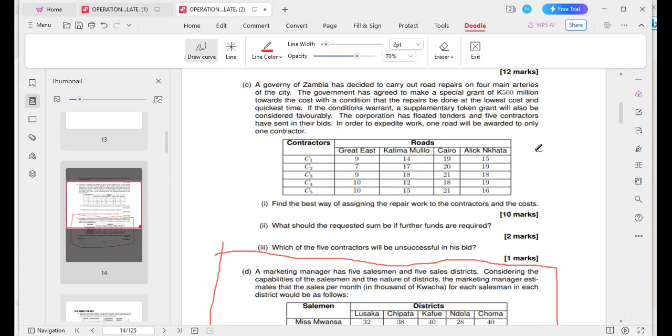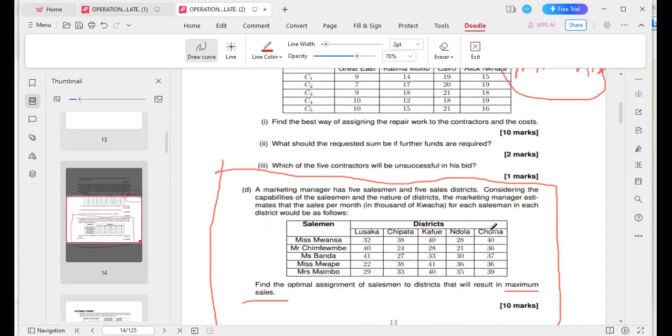Here it is balanced because we are assigning contractors to the roads. Find the best way of assigning the repair work to the contractors and the costs associated. When you're talking about cost, you minimize them.